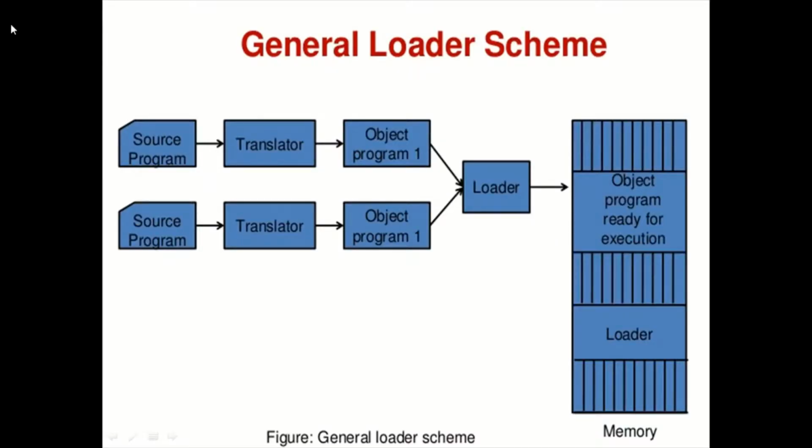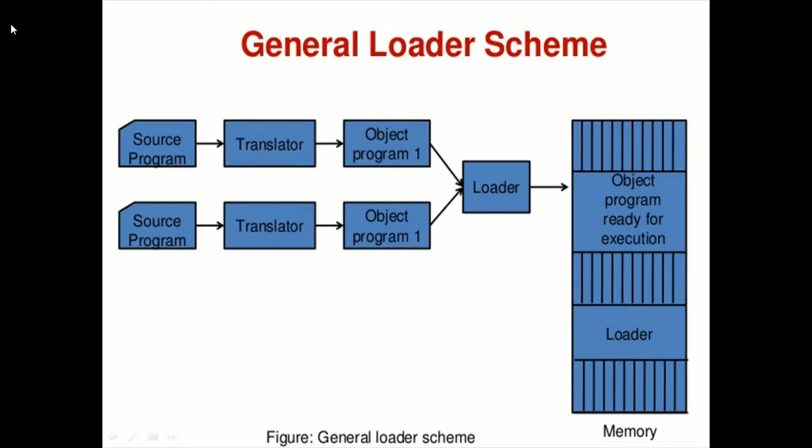See the diagram on the screen. The source program is taken by the translator. It translates and converts it to an object file. So this object is loaded into the loader. What will the loader do? The loader will place it in the memory.